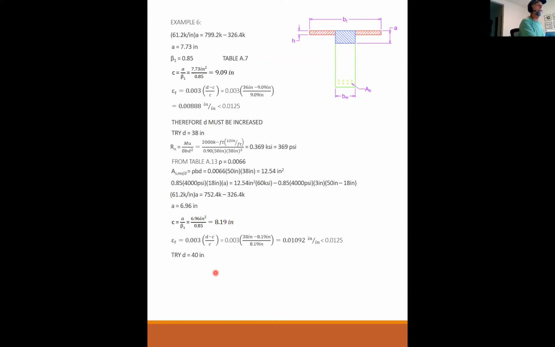Okay, so we're going to try D equal to 40 inches and repeat. There's my 40 inches. Now I'm down to 333 PSI. From the table A13, I have rho is 0.0059. So AS required is 0.0059 times 50 times my new D of 40, 11 inches squared.